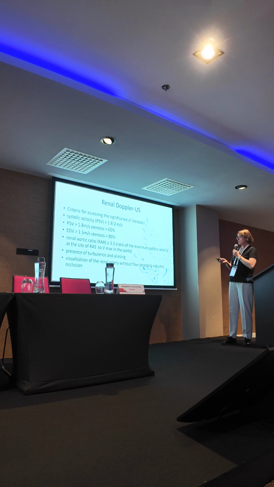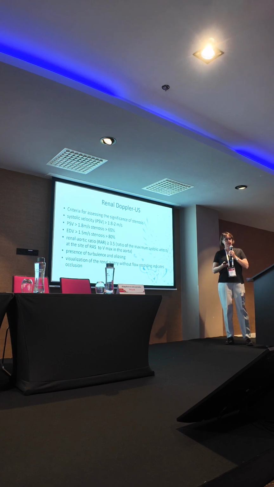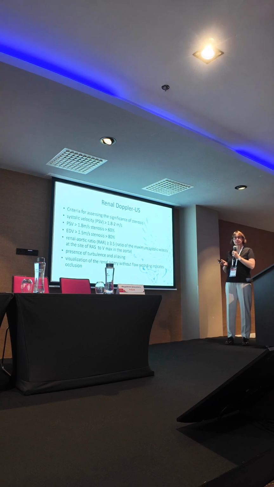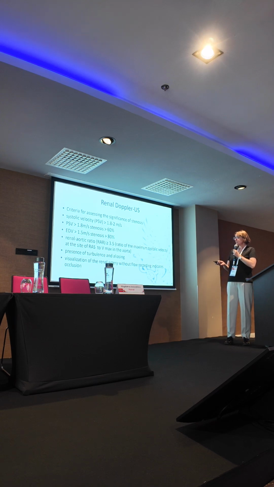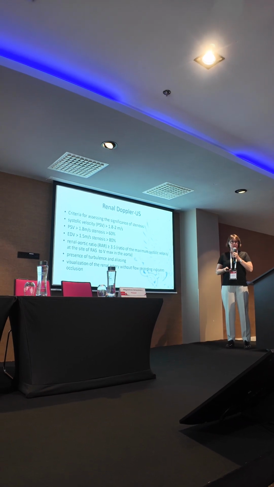What is important when you measure the velocity in children is the end systolic velocity. The higher the end systolic velocity, the more convinced we may be about the diagnosis of stenosis. What is generally basic is the renal aortic ratio.